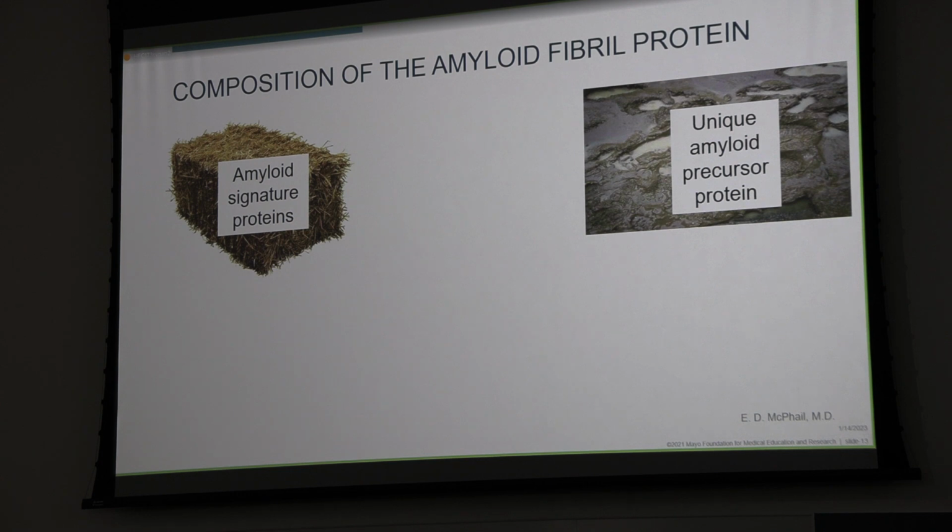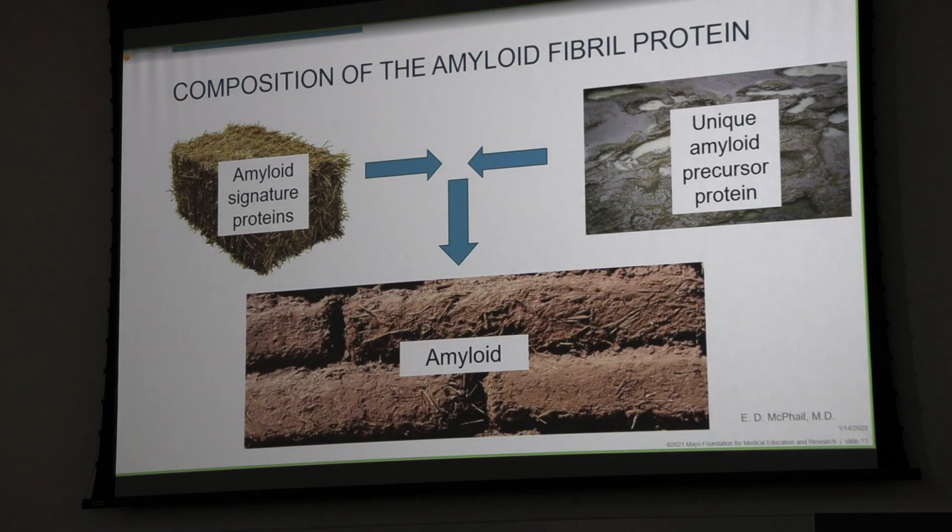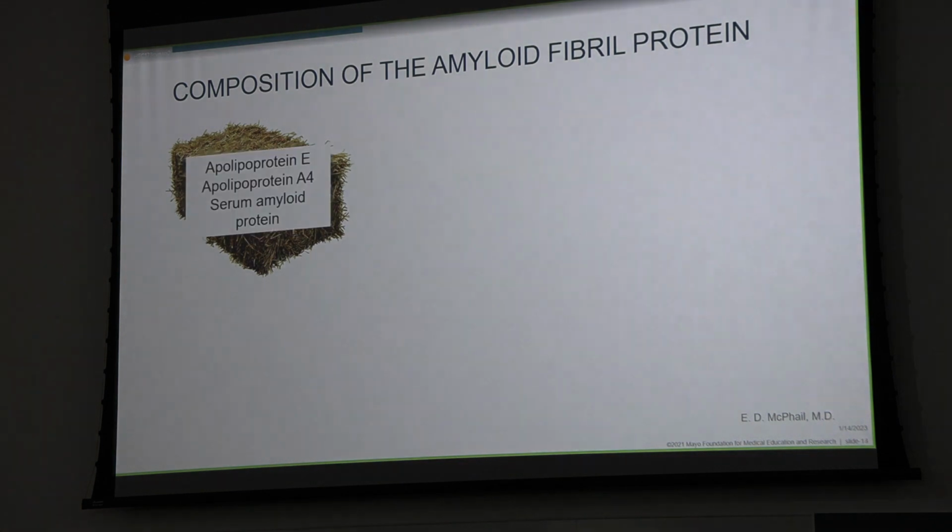And then there's the unique amyloid precursor protein, that's the mud. Again, that's soluble, and on its own is not a problem. But these are not normal proteins, they're abnormal in some way. And when these get combined under the right conditions, or the wrong conditions, you wind up with the immovable brick that is amyloid.